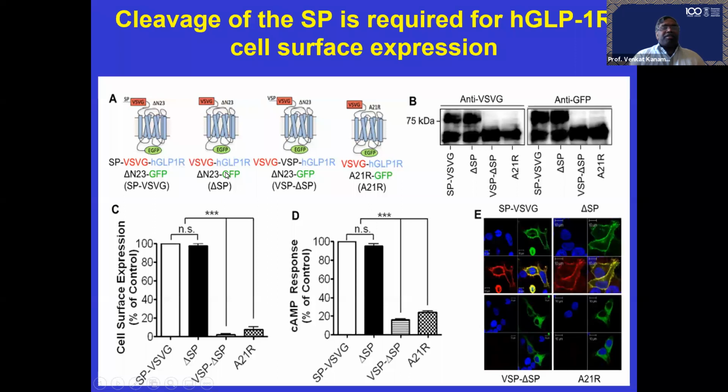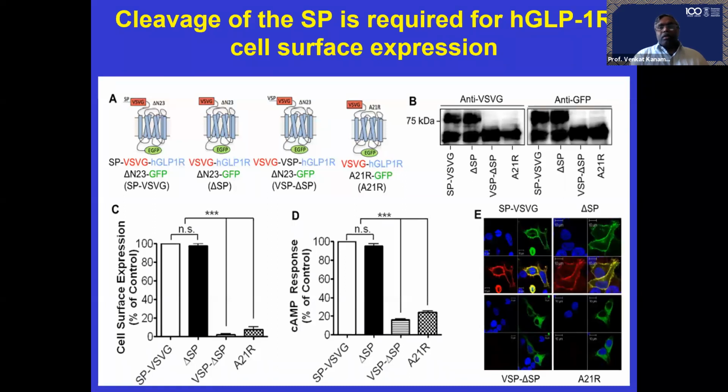Here we have deleted the signal peptide, and in this mutant we replaced the signal peptide with a viral signal peptide, which no longer cleaves off from the receptor. We also mutated a residue, alanine at position 21, which makes cleaving of the signal peptide difficult. Then we expressed these in HEK cells and studied the localization.